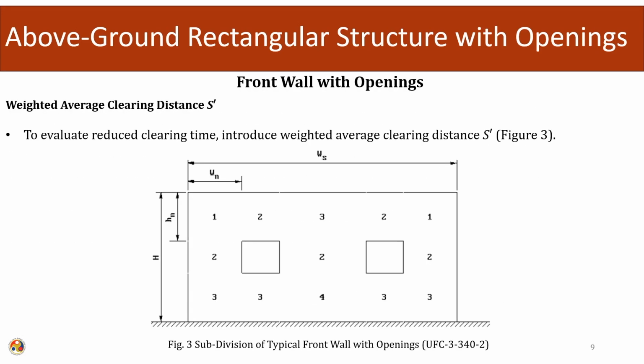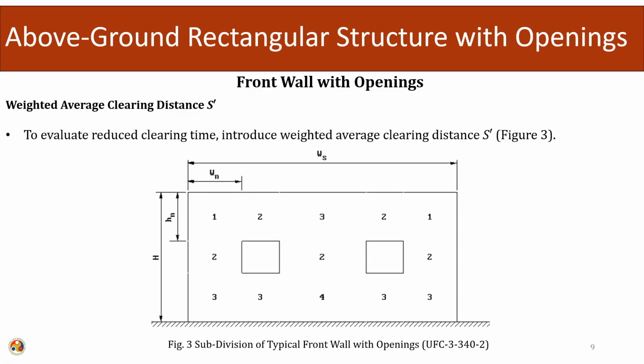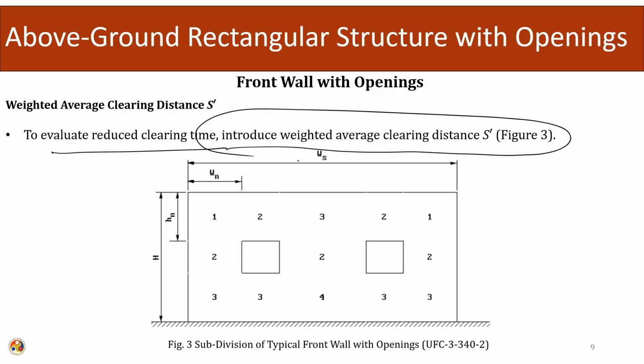Now we will see the weighted average clearing distance. We will try to calculate the weighted average clearing distance. To evaluate the reduced clearing time, we have introduced the weighted average clearing distance. What we do is subdivide the typical wall with openings.